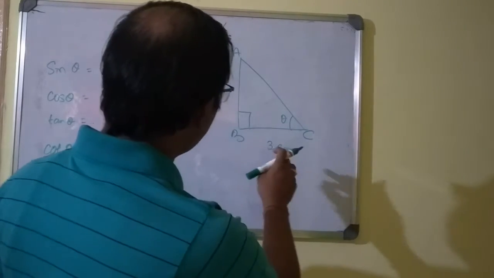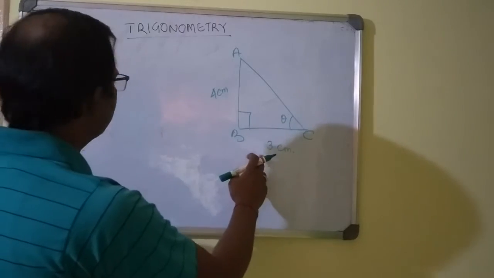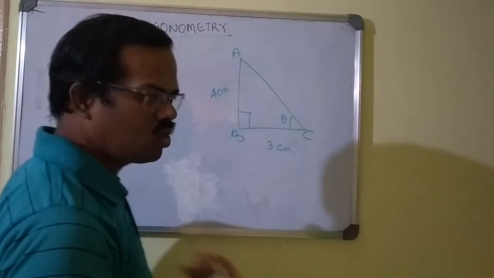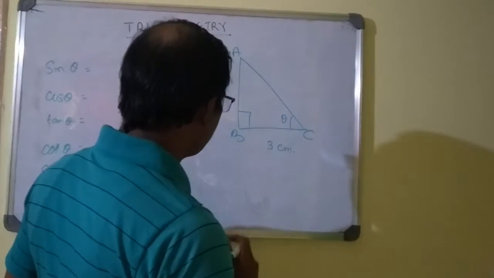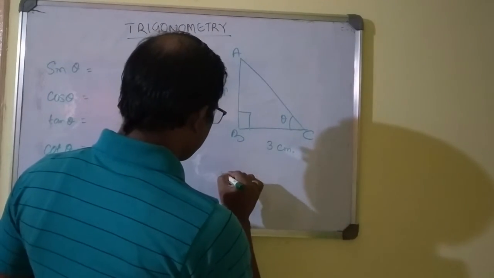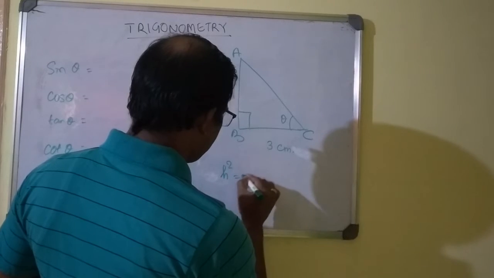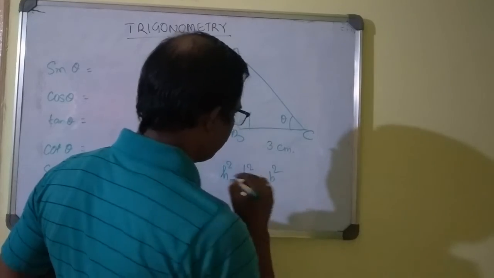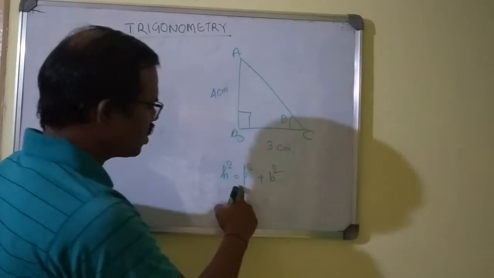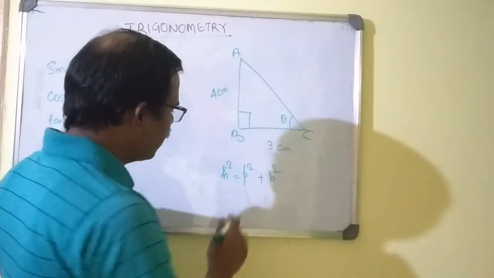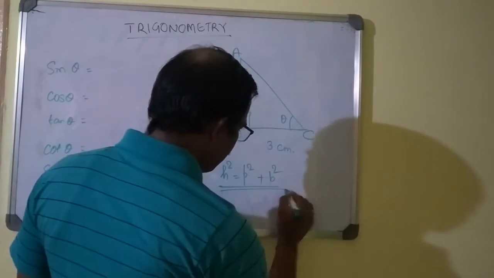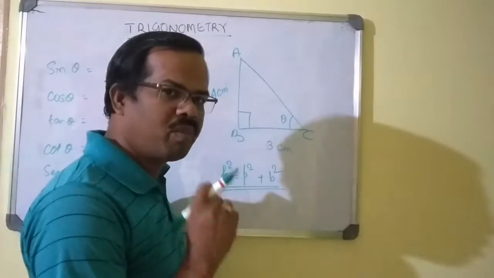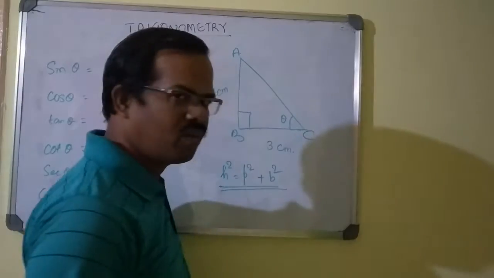If I am given only 2, then I will be able to figure out all the ratios, because as you know, there is a Pythagoras theorem which says that hypotenuse square is equal to perpendicular square plus base square. Here h square is equal to p square plus base square. Remember this, it's a very important theorem, and we will be utilizing it again and again during trigonometry.